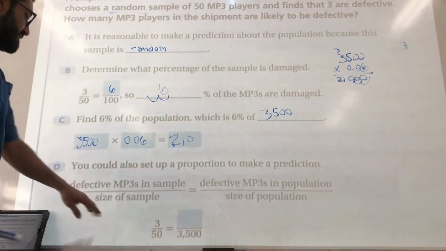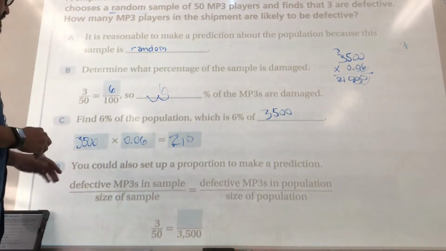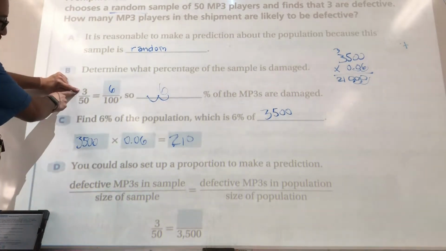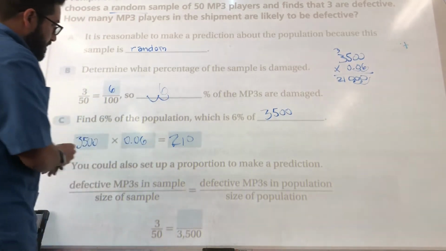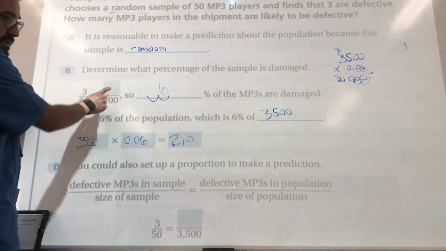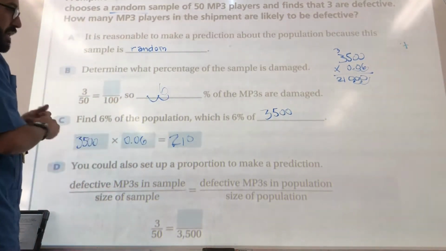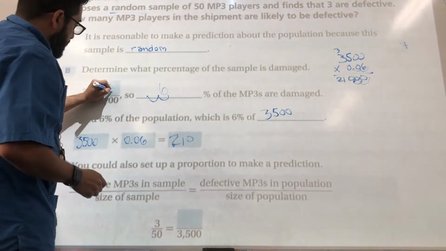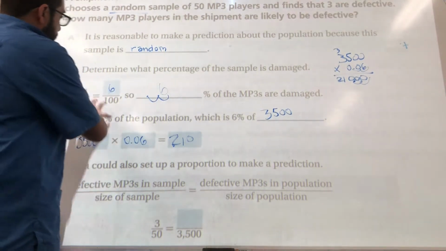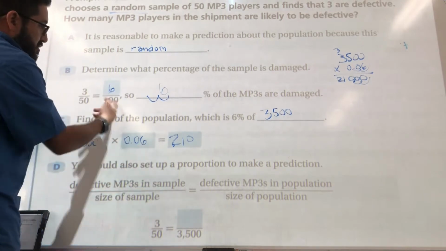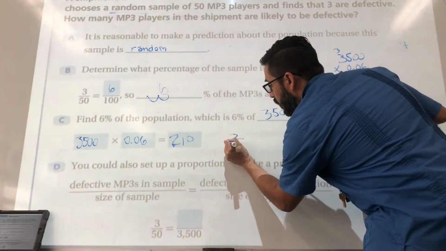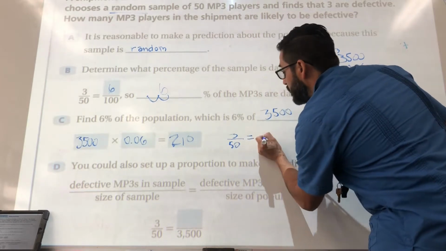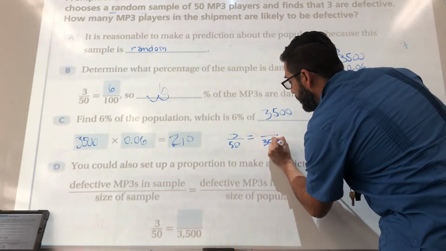You could also set up a proportion to make a prediction. Defective MP3s in the sample, the size of the sample. So, defective MP3s, size of the sample. Defective MP3s in the population, over the size of the population, 100. I'm sorry, that was percentage. So this would be more like 3 over 50 equals blank over 3,500.